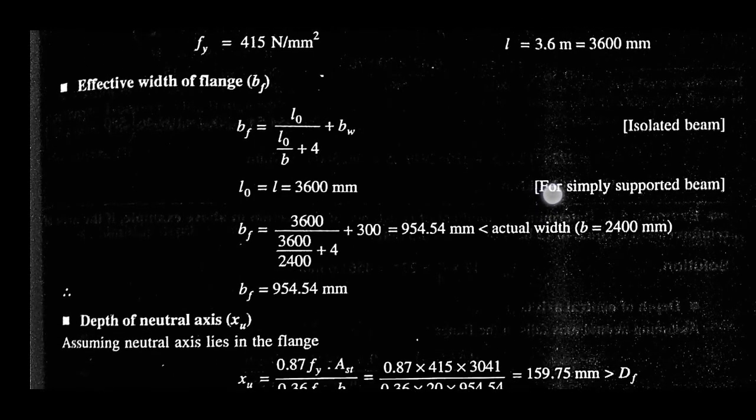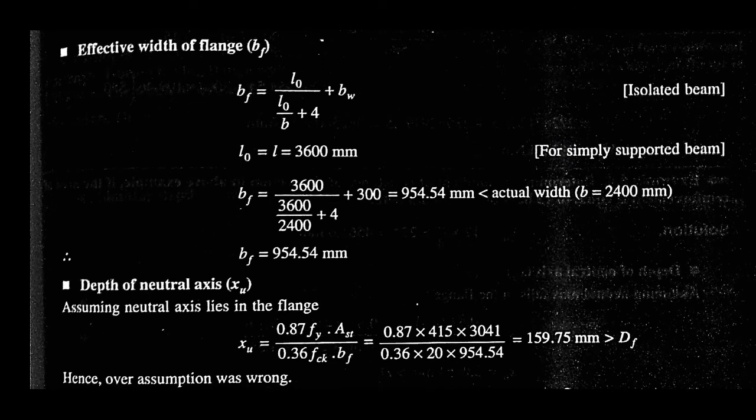Now we have to calculate the depth of neutral axis. Assuming the neutral axis lies in the flange, because every time we solve this type of problem, first of all we consider the neutral axis lies in the flange. After that, we check whether it lies in the flange or in the web. So XU is equal to 0.87 Fy into AST by 0.36 FCK into BF.